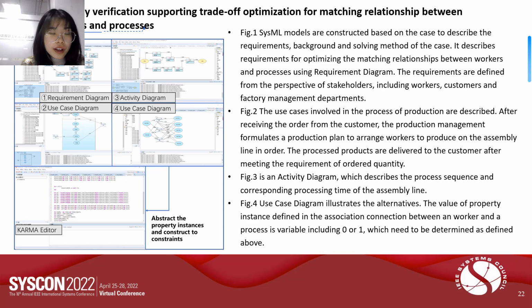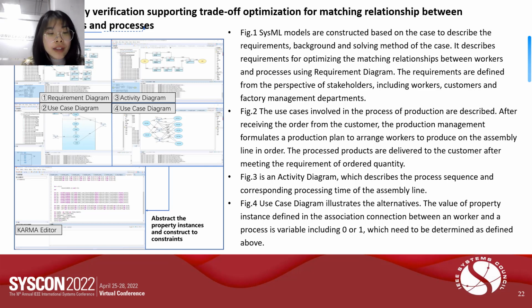The first graph is the requirement diagram. It describes the requirements for optimizing the matching relationships between workers and processes. In the use case diagram, Figure 2, the processes involved in production are described. After receiving the order from the customer, the production management formulates the production plan to arrange workers to produce on the assembly line in order, and the processed products are delivered to the customer after meeting the requirements of ordered quantity.